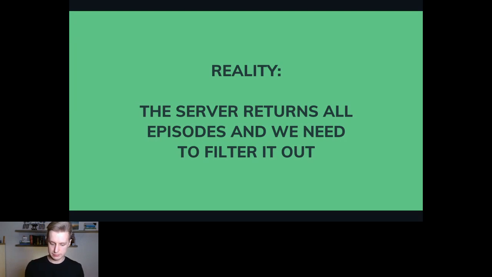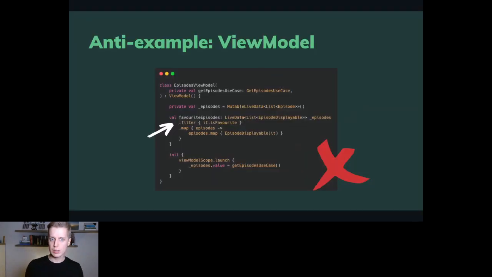So the first thing that probably comes to our minds is the view model, which is not a good example for this. Why? Because when we use our filter operator in a view model, we cannot reuse that filtering mechanism in a different view model.